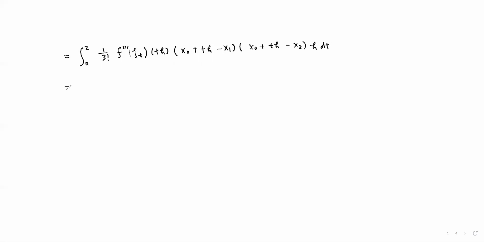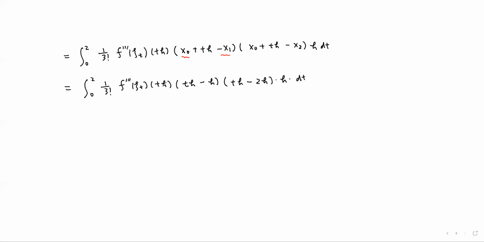Now let me simplify. The integral from 0 to 2 of 1 over 3 factorial, the derivative at psi of t, times th. x0 minus x1 is negative h, so we have th minus h. x0 minus x2 is negative 2h, and then times h times dt. Now, h is a constant.